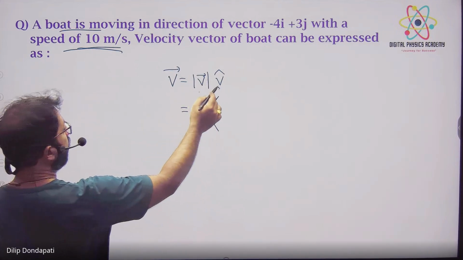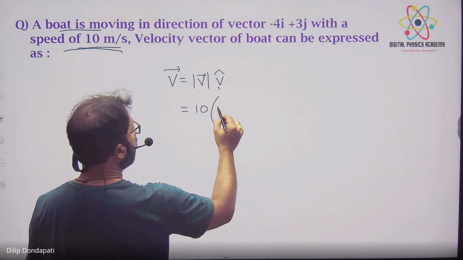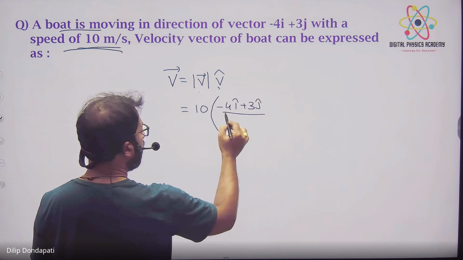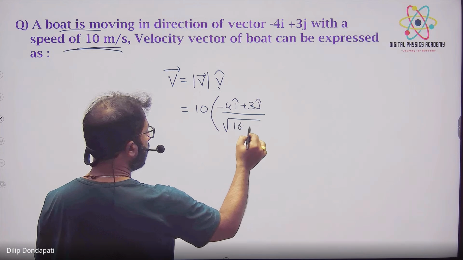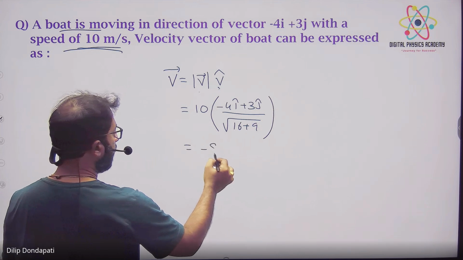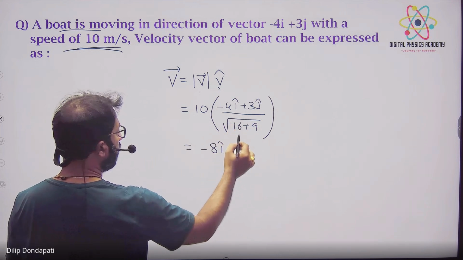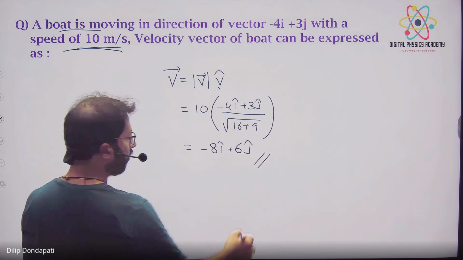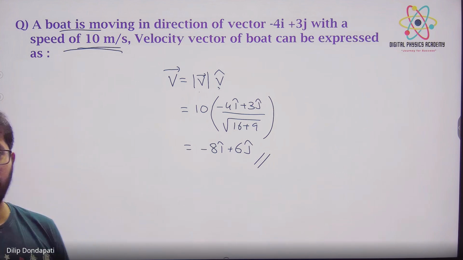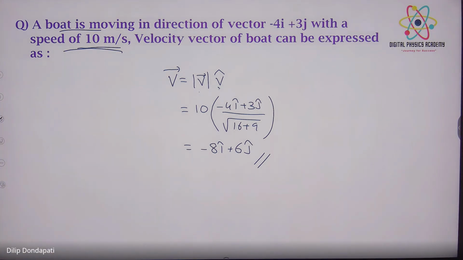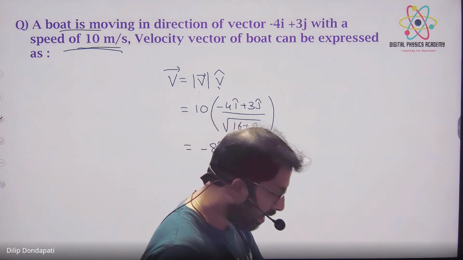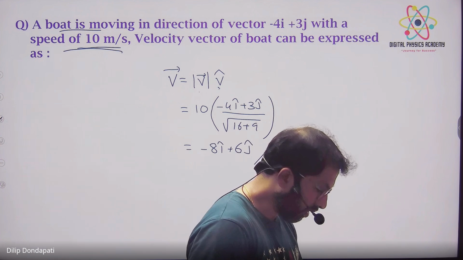V cap means vector A by mod A. Mod A is under root 16 plus 9, so take the 5 to the 10. So it is minus 8 I cap plus 6 J cap. This is the answer. Don't understand that? Yes, sir. So unit vector का I cap, J cap लगा के आपको solve करना पड़ेगा.